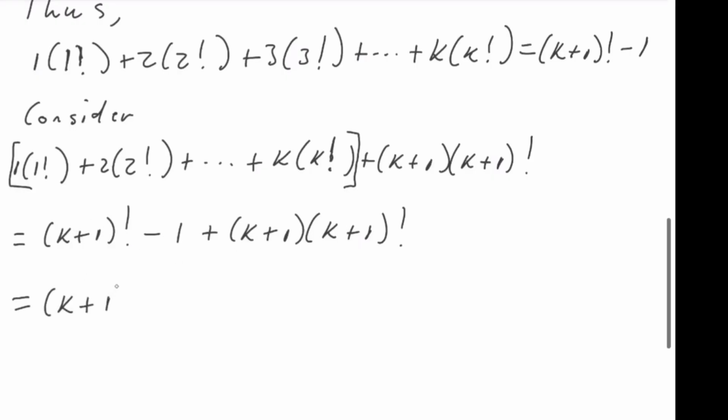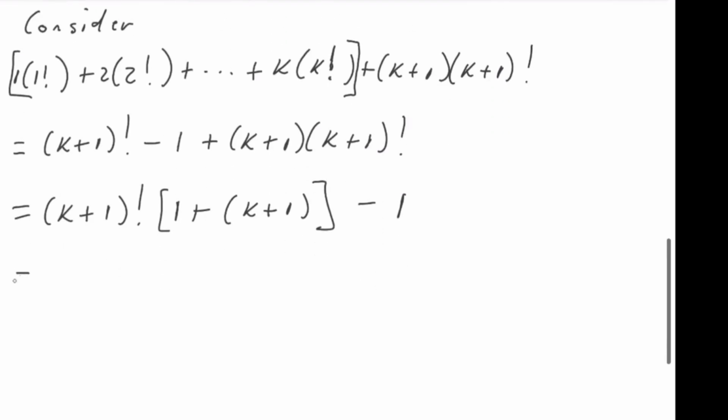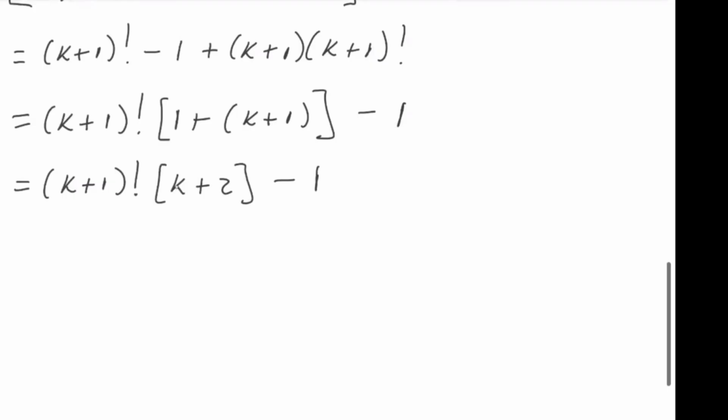So if I do that, (k plus 1) factorial, I'm going to be left with 1 plus (k plus 1), and then I'm going to have that minus 1 out here, right? And then this is equal to (k plus 1) factorial times (k plus 2), minus 1. And of course, (k plus 1) factorial times (k plus 2) is the same thing as (k plus 2) factorial.